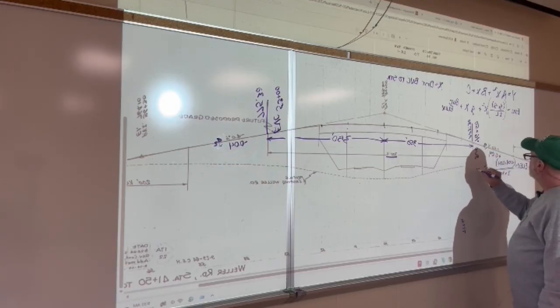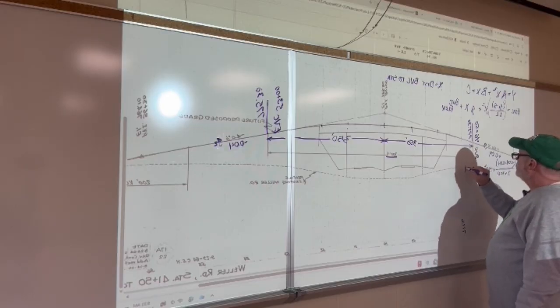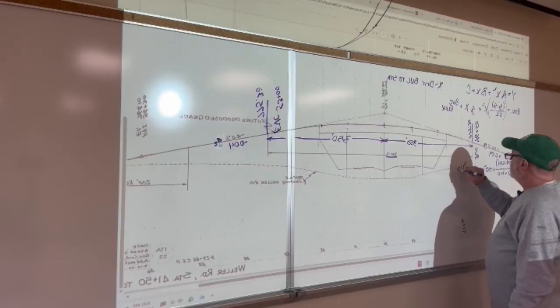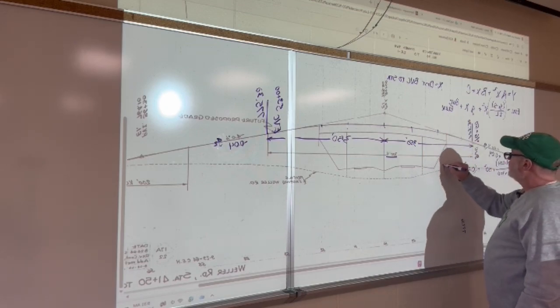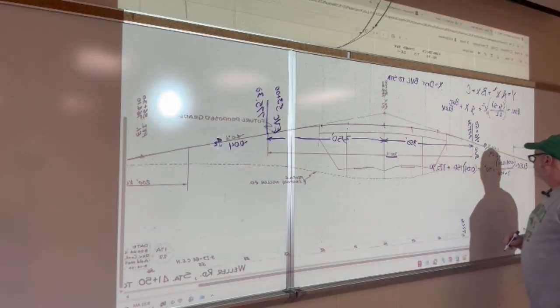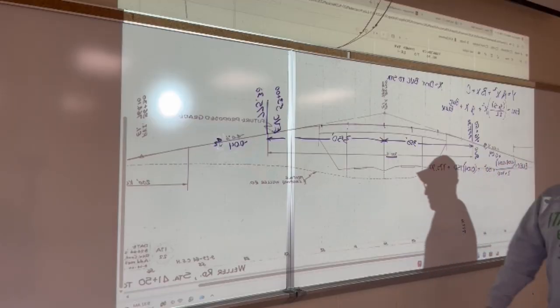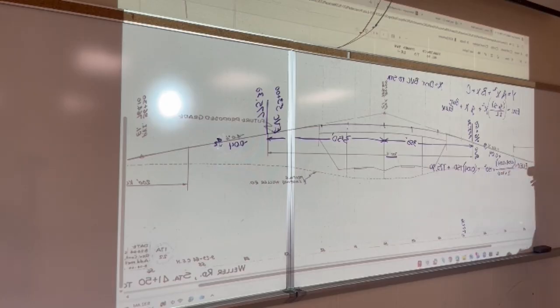Plus G sub 1, 0.04 times 150, plus our BVC elevation stays the same, 775.30. So I'm going to work out this whole portion here.